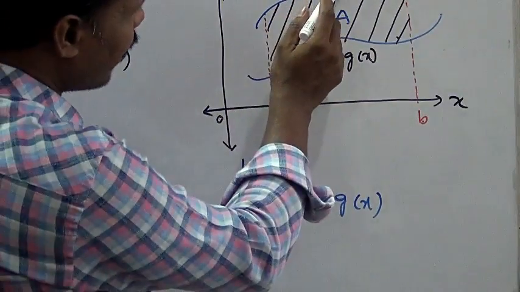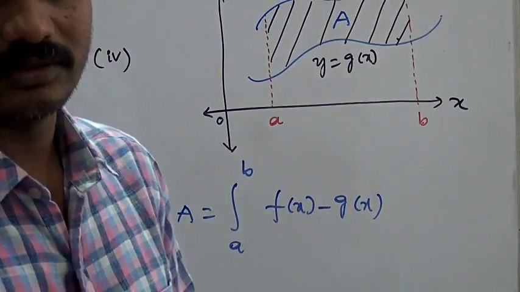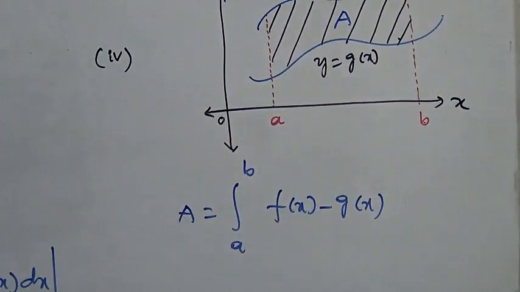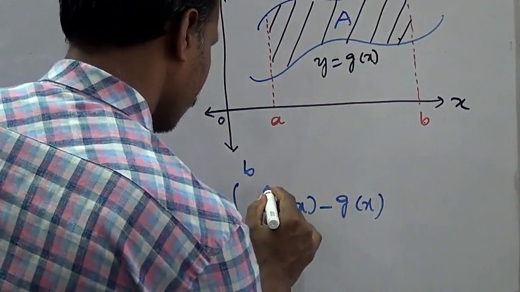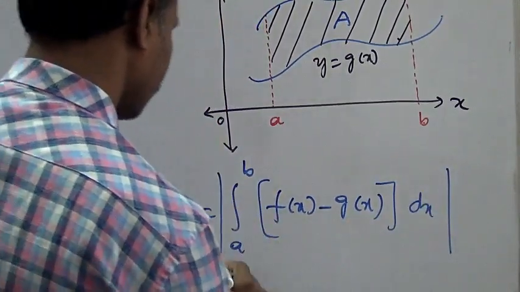Suppose this is g of x and this is f of x, then you have to write g of x minus f of x. If you are confused, then what do we do? Just put modulus and take a modulus of the integrand, then no problem.